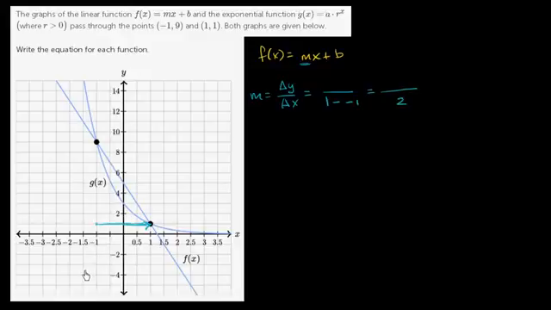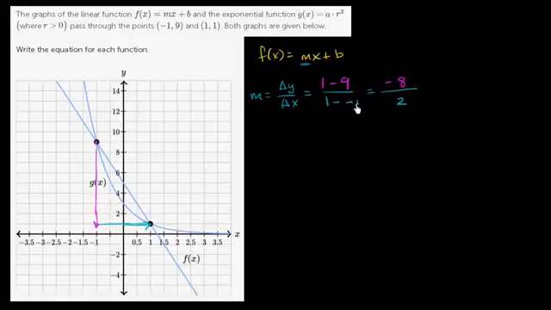And what about our change in y? Well, we start at 9, and we end up at 1. We started at 9. 1 minus 9 is negative 8. And just to be clear, when x is 1, y is 1.